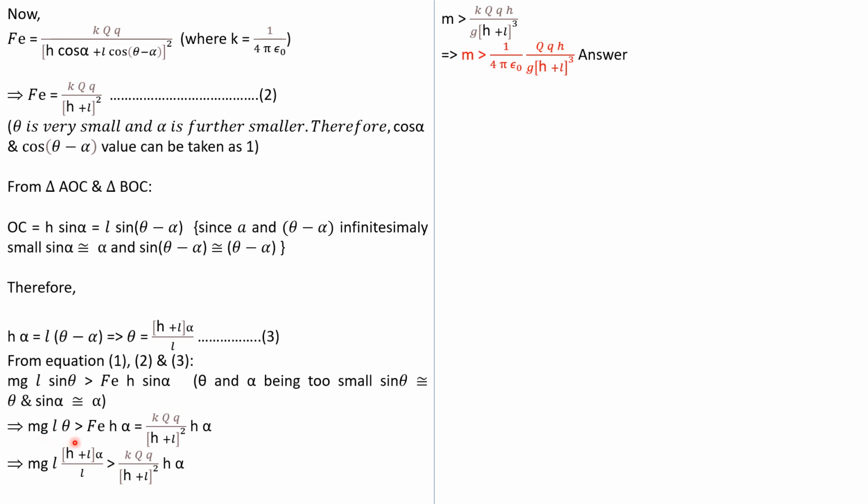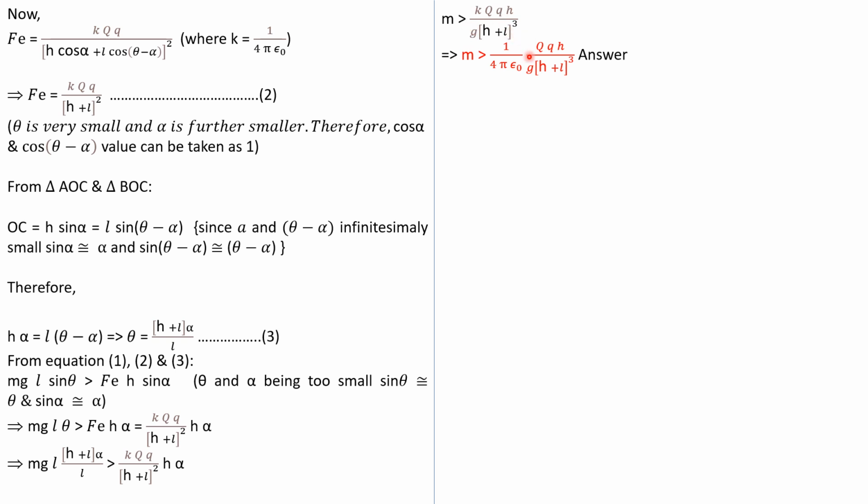So we will get mgL into theta greater than electrostatic force into h into alpha. We will put the electrostatic force from this equation. Upon solving, we get m should be greater than k into Q into small q into h divided by g into (h plus L) cubed.